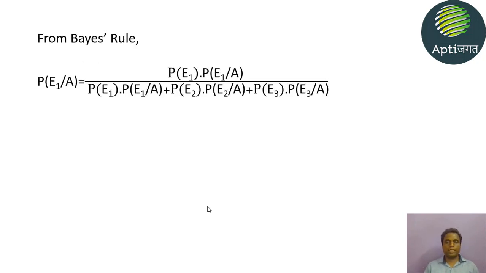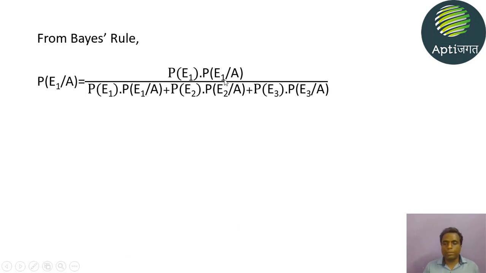Probability of E1 slash A is equal to probability of E1 times probability of A slash E1, upon the sum of the individual products for the different events E1, E2, E3. We have to make that sum.